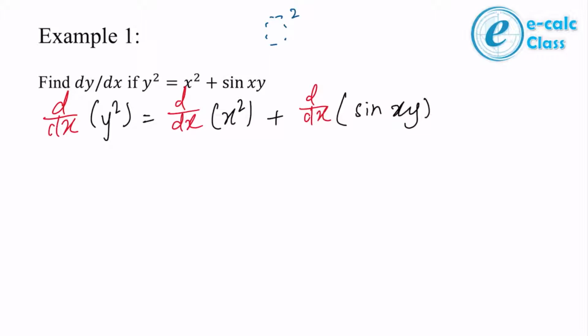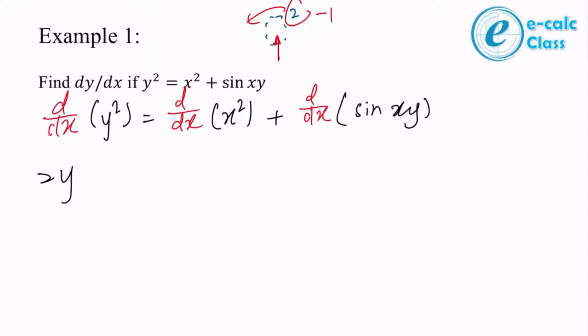So remember, when we talk about chain rule and general power rule, we will just differentiate: bring down the power, power minus 1, so it is 2y. There's something else, right? We need to differentiate inside. Am I right? But do we know how to differentiate y? Because we don't know y in terms of x, right?